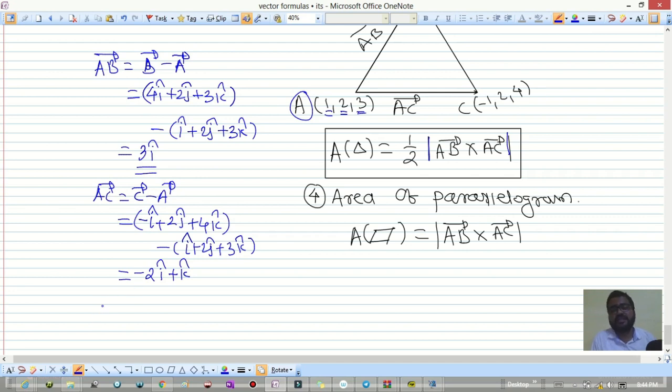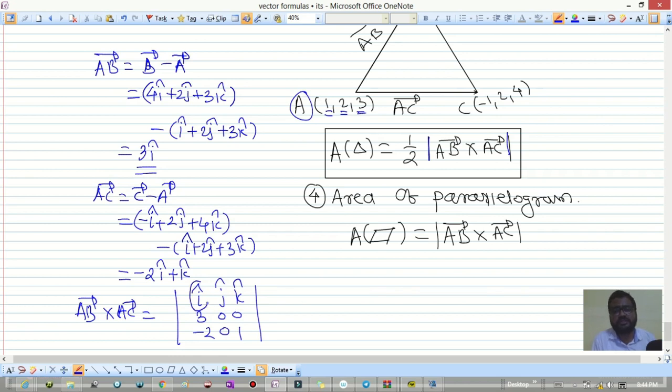So we have to take AB bar cross AC bar, right? Which is equal to the determinant of i hat, j hat, k hat. These are the x component, y component, z component of AB bar firstly. So it is 3, 0, 0. Then AC bar: minus 2, 0, 1. So over here, how to find this determinant?